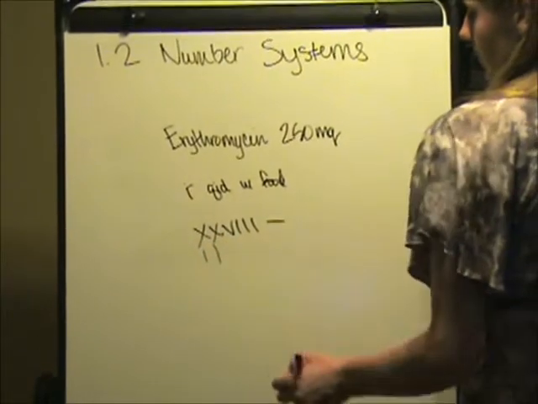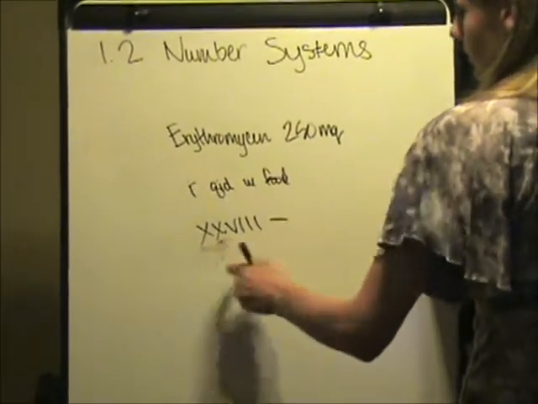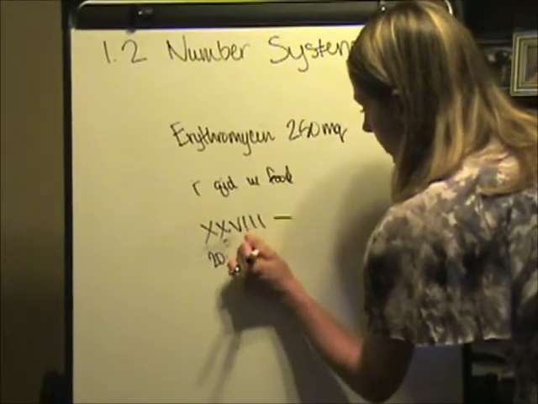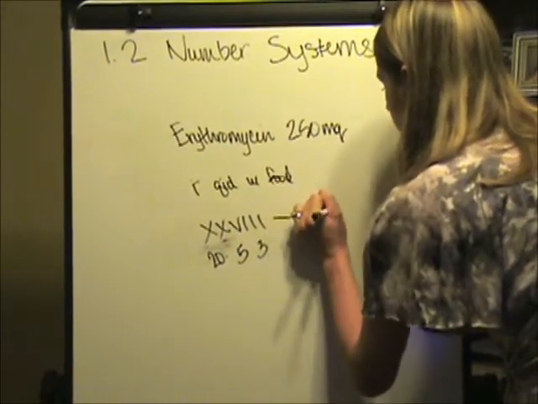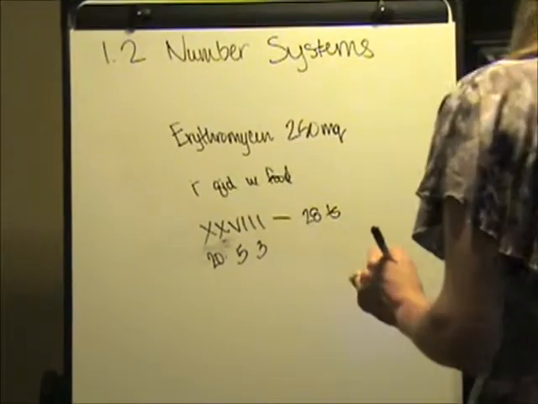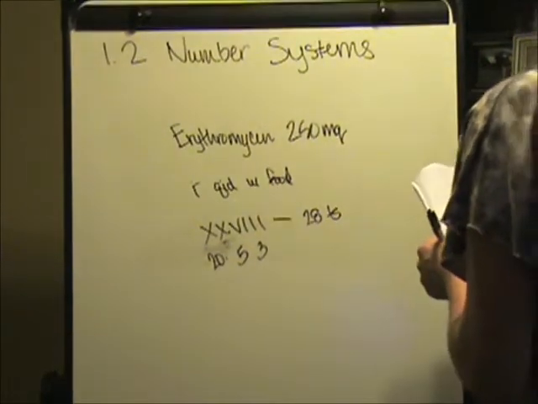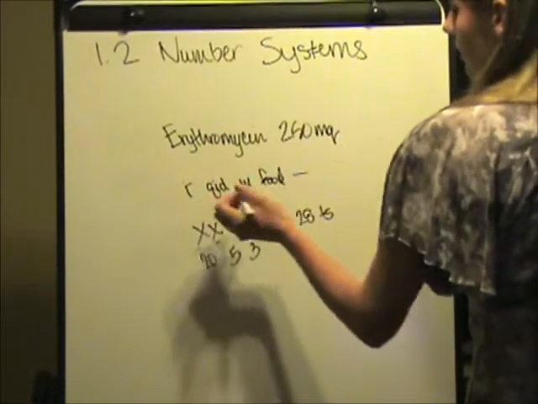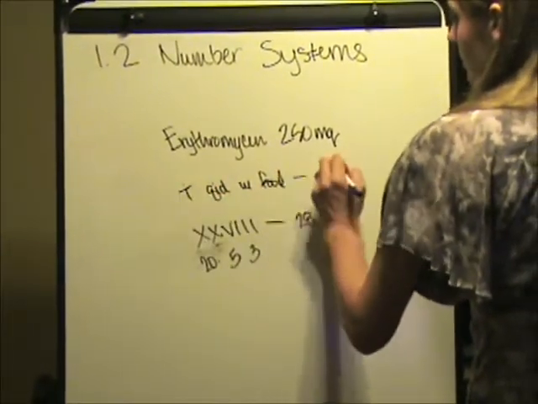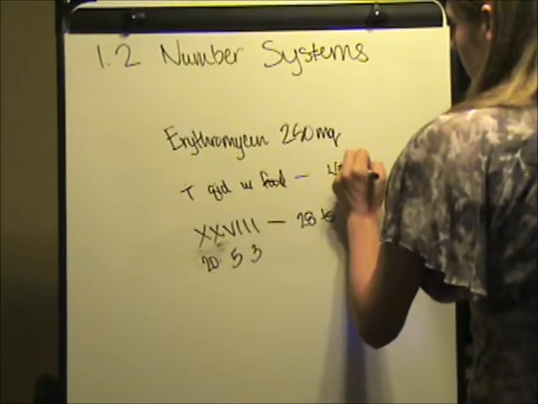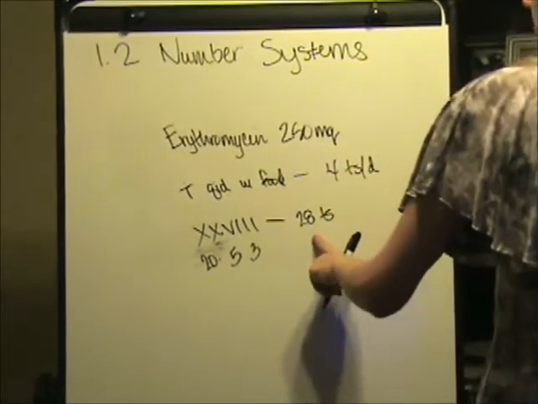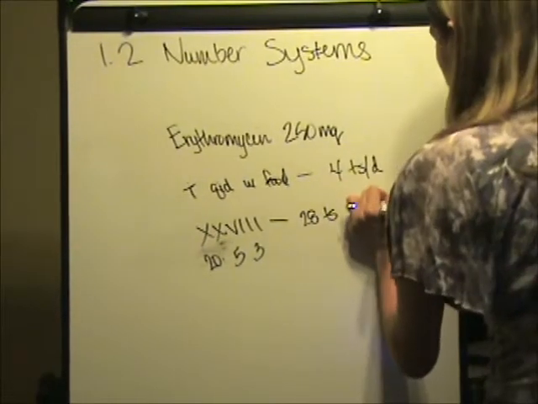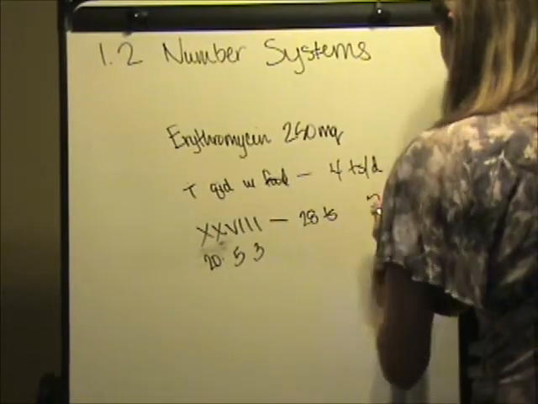X is 10, we've got 2, so that's 20. V is 5, and we know that these are 1, so we've got 28 tablets to be dispensed to the patient. And recognizing that QID means 4 times a day, this is 1 tablet, so we've got 4 tablets a day. 28 tablets divided by 4 tablets a day, and that's going to last us 7 days.